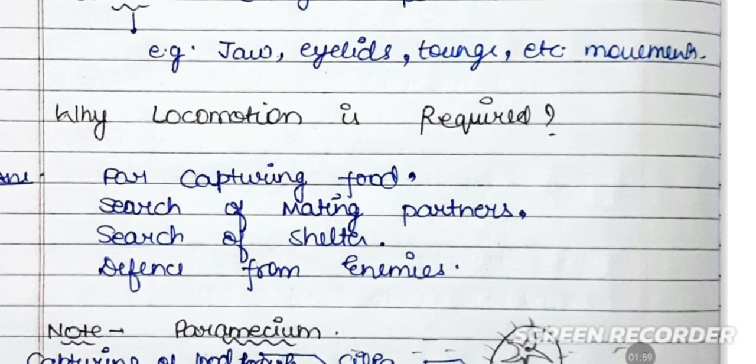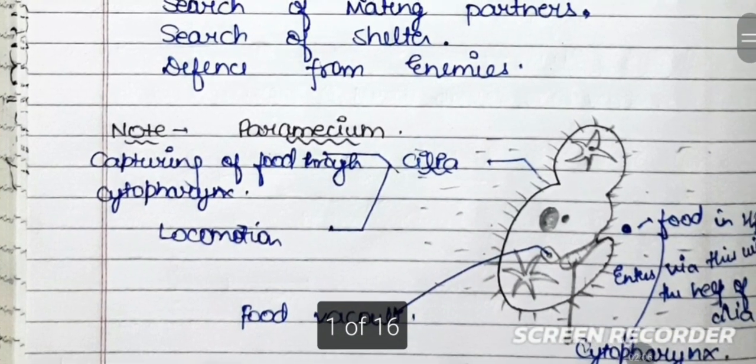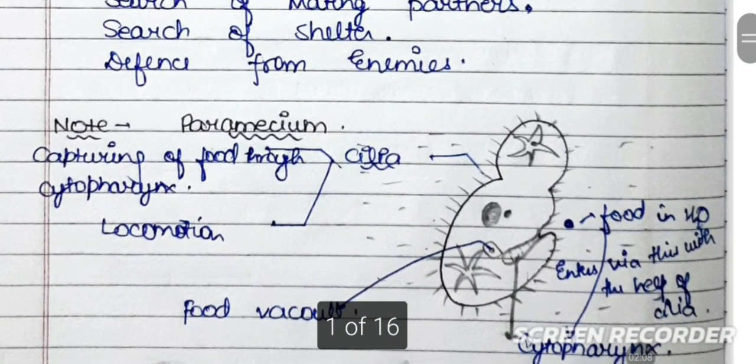Now, here I have made two notes, of Paramecium and Hydra. When we talk about Paramecium, it has cilia, outgrowths on the body. These cilia can help in capturing food as well as in locomotion.